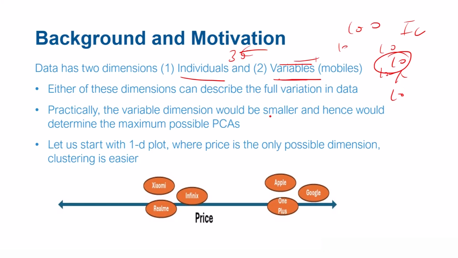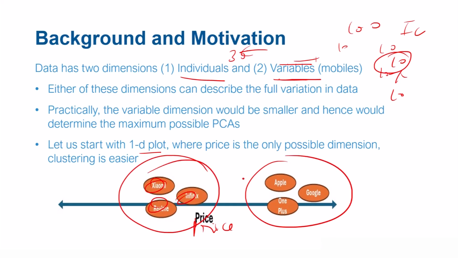To begin the analysis, let's think of a 1D plot. Let's suppose for all of these individuals, price is the most important determining dimension that defines all the individuals in this market. Obviously, this is a spurious case, not true, but it simplifies the analysis. If everybody is driven just by price, you can plot the mobile phone products that you have simply on this price axis and create clusters.